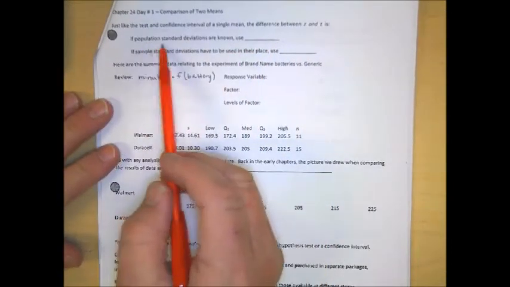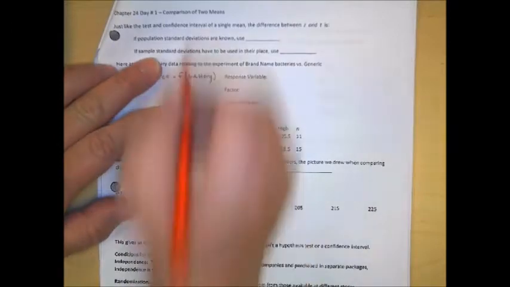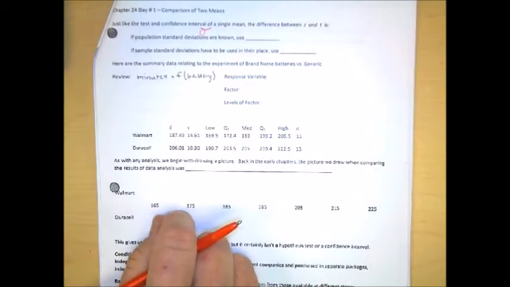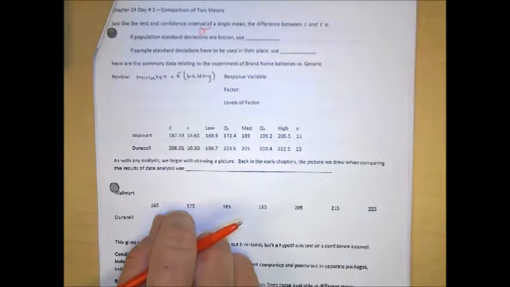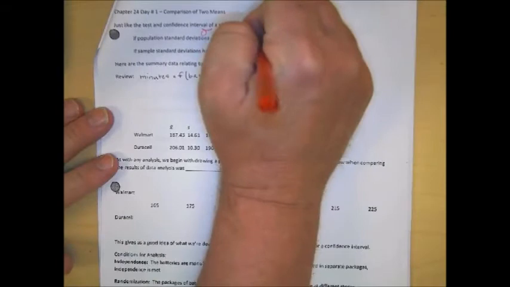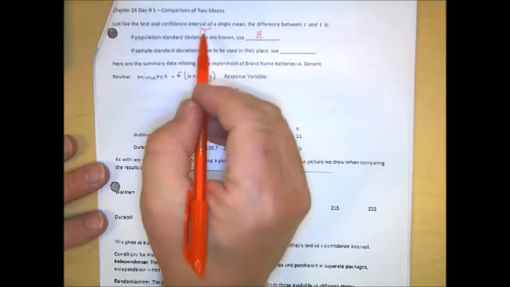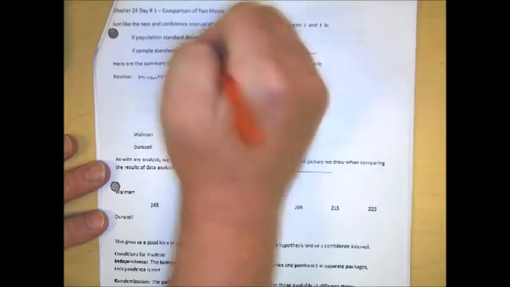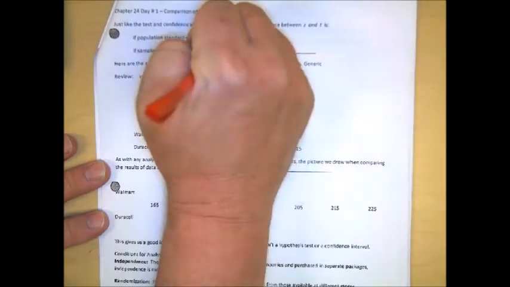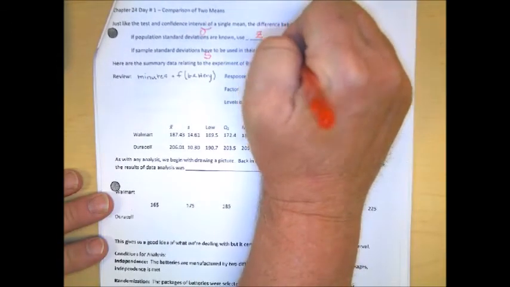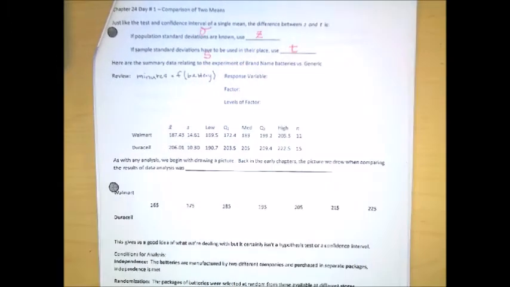When the population standard deviations are known, and remember those, that's the symbol sigma, but there's going to be two of them now because there's two groups, you would use the z. If we don't know population standard deviation and we have to rely on the sample standard deviations, then we're going to have to use the t.